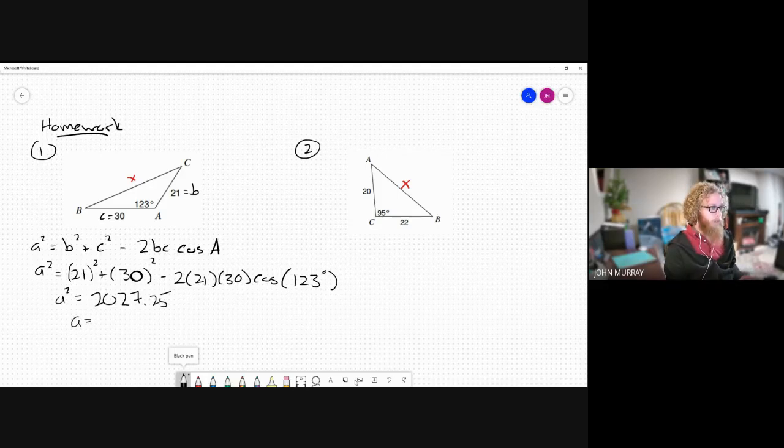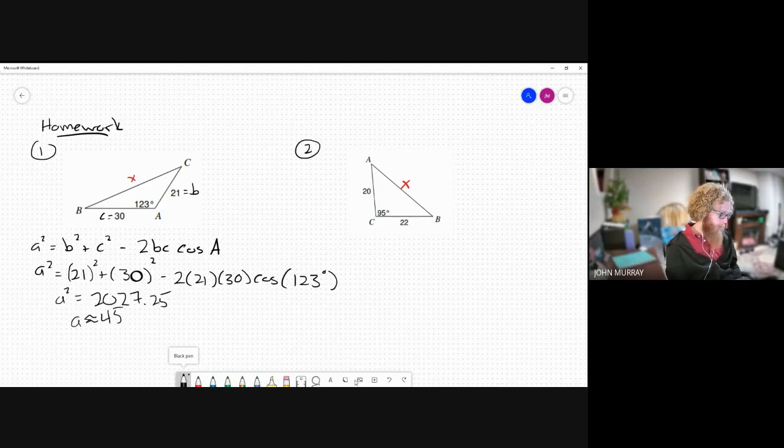And then we take the square root, and we get about 45. Okay, I'm going to put these squiggles here, which means approximately. So A is approximately 45. And that's our final answer.